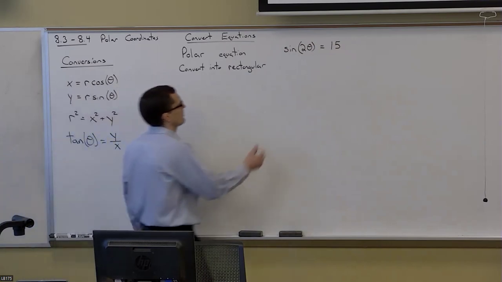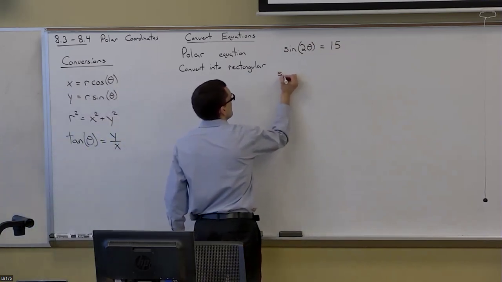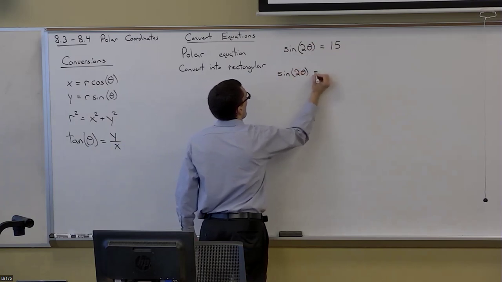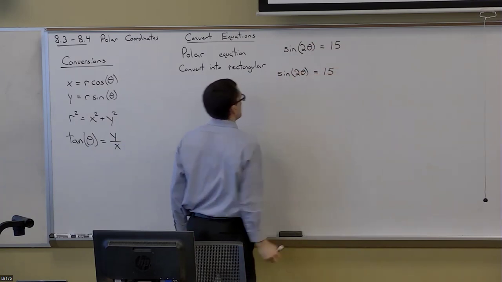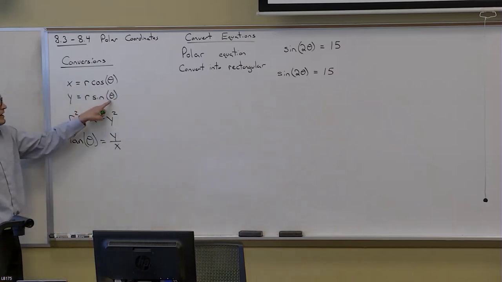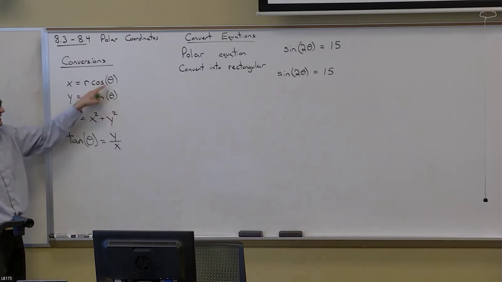And we want to convert that into rectangular. Well, in my argument, these have to be sine of theta itself, not sine of 2 theta, right? So multiplying by r is not going to do anything there.